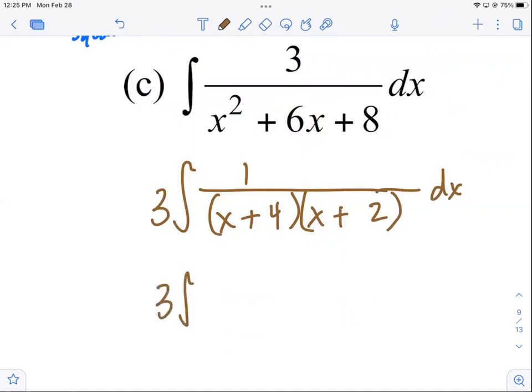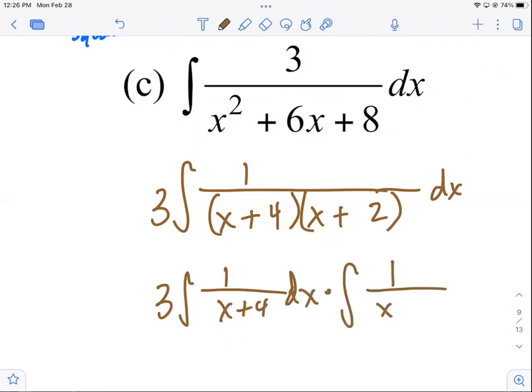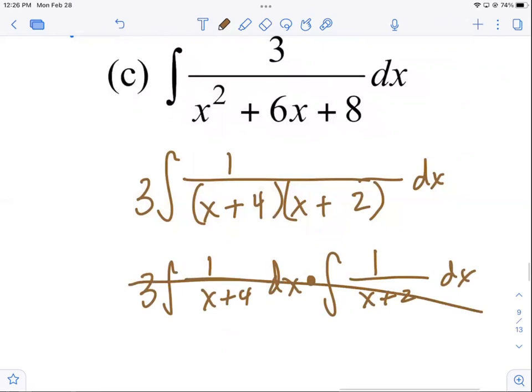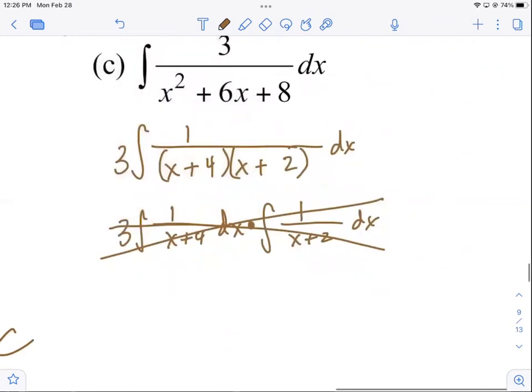Hey, can I do this? Can I say it's 1 over x plus 4 dx times the integral of 1 over x plus 2 dx? No, you can't. There's no product rule. It can't do that. So right now we're stuck.